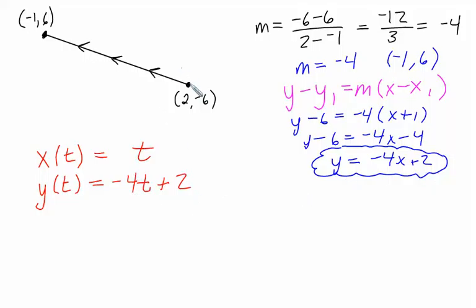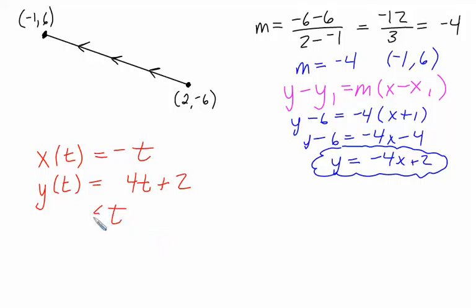However, we need this graph to draw from the right to the left, which means we have to make the x of t negative so that it does draw from right to left. Now, in doing that, we would need to get rid of this negative sign, because now when we plug in, we would have that y of t, when we make this substitution, is equal to a negative 4t plus 2.